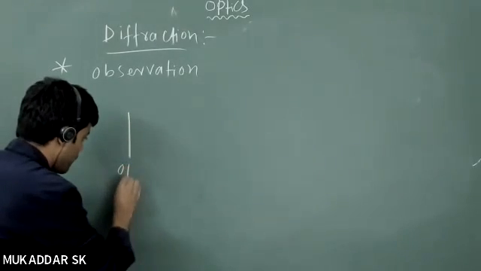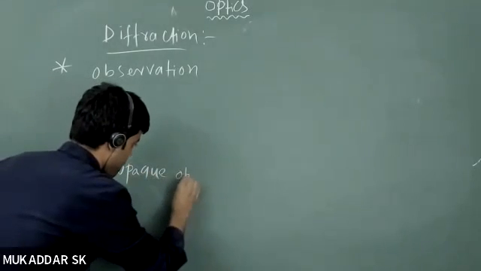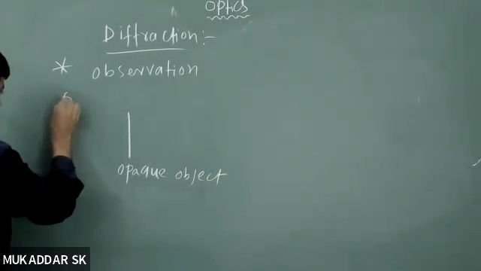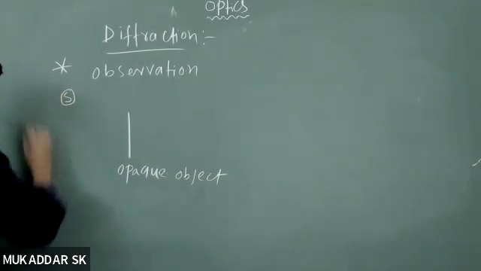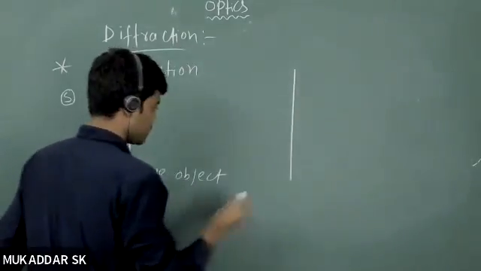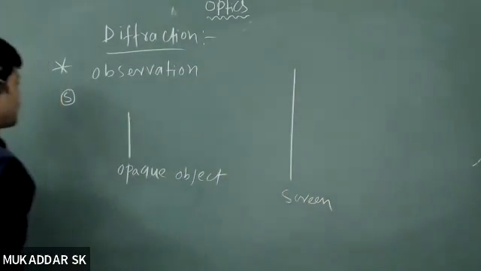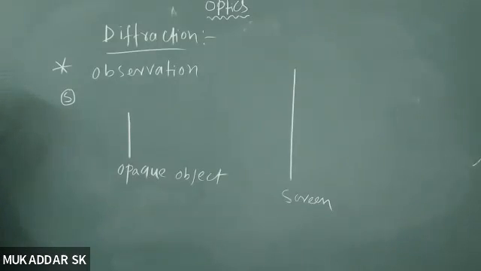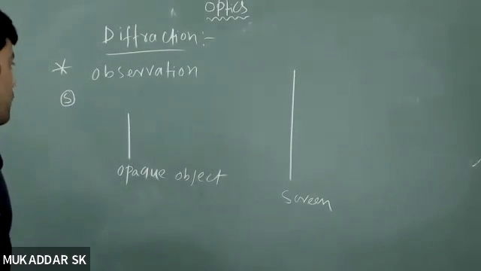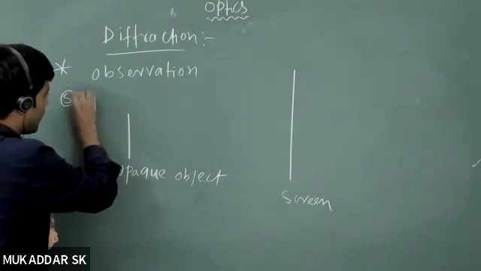This is your opaque object, and you have a source of light here, and this is your screen. What do we know? We know that light always follows the path of a straight line. Then what are we expecting? We are expecting that this light will go like this.